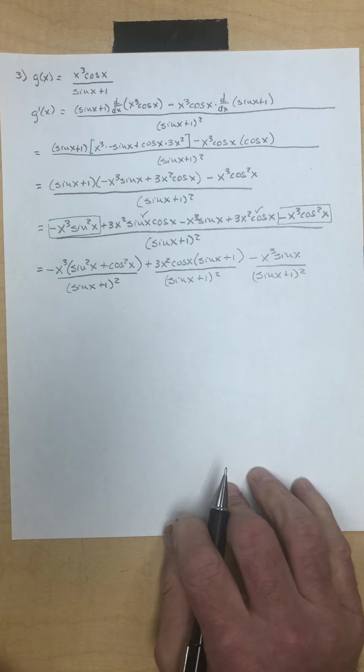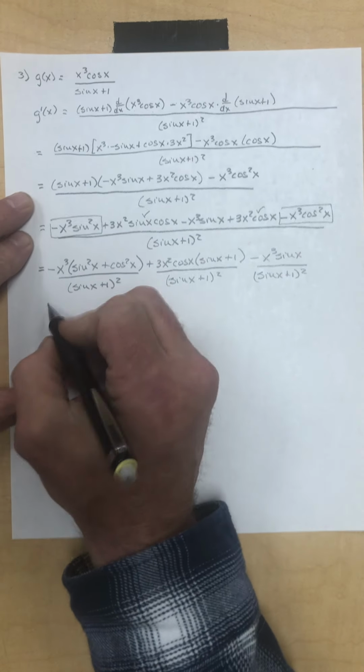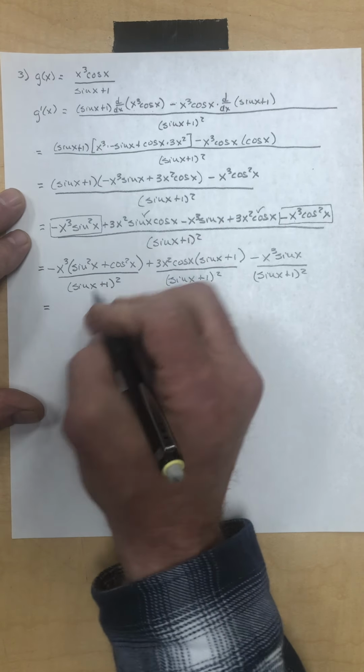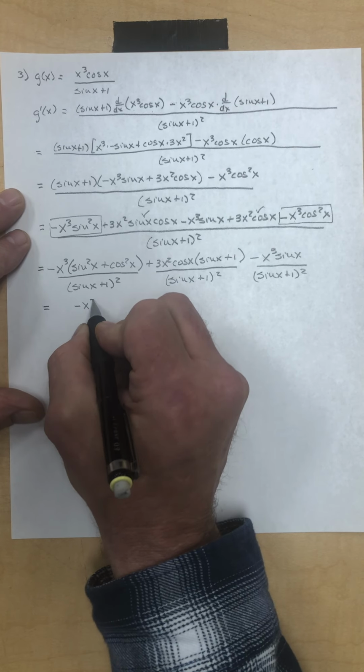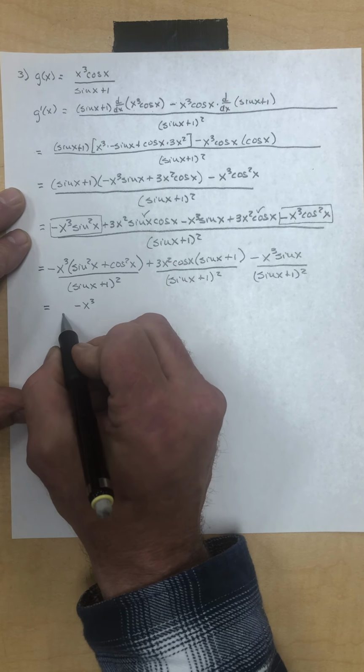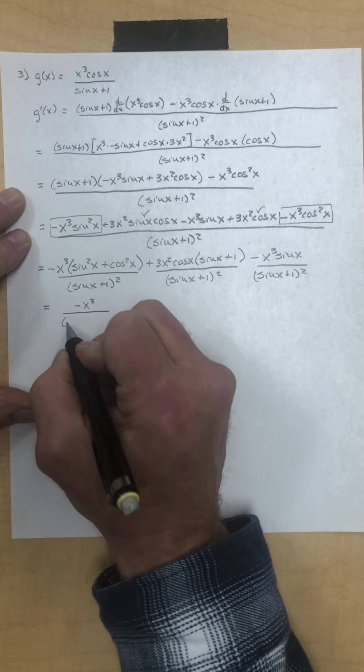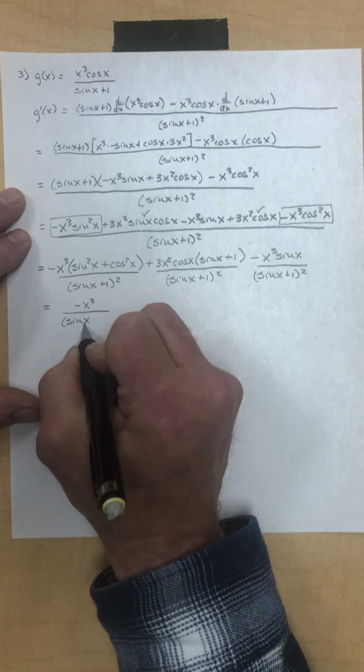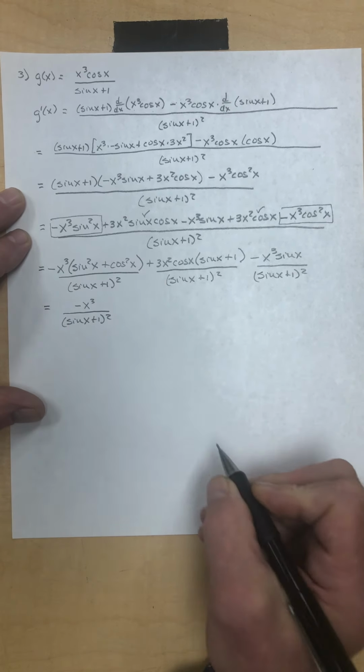Okay, so let's see what happens here. Well, this guy becomes negative x cubed times 1, so that just goes here, over sine of x plus 1 squared.